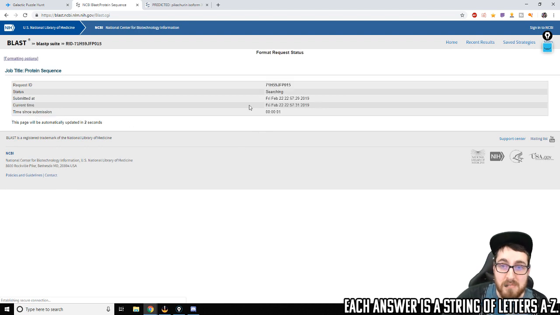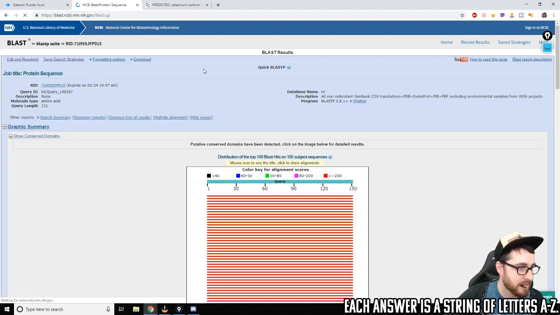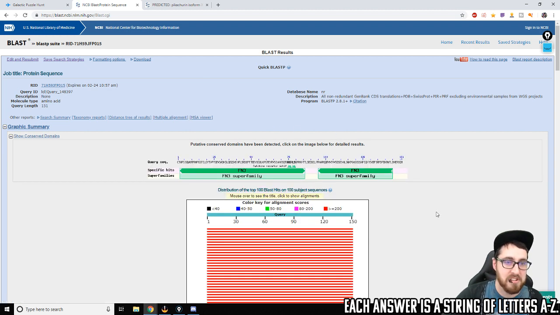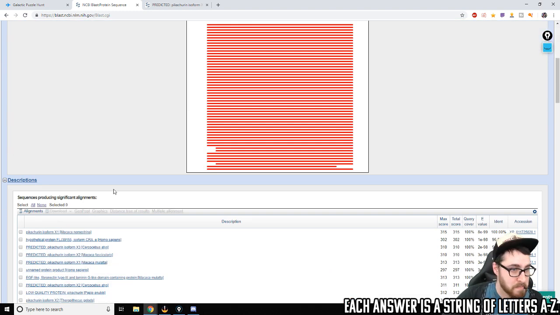I have no idea what I'm doing. Or rather, I think I'm doing it right. I'm putting in the thing and everything. But then what do we do here? There's a whole bunch of information. The FN3? Is that the thing that's necessary?